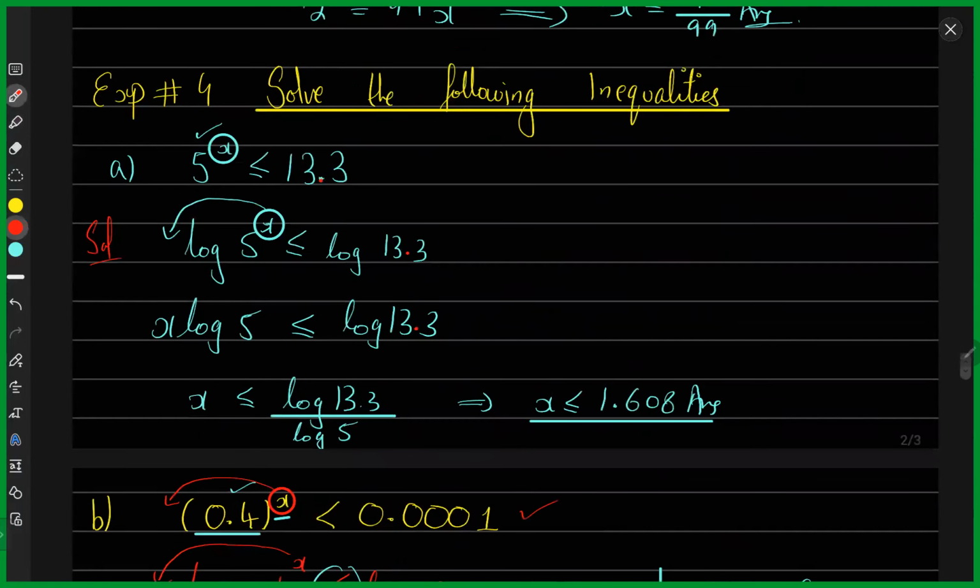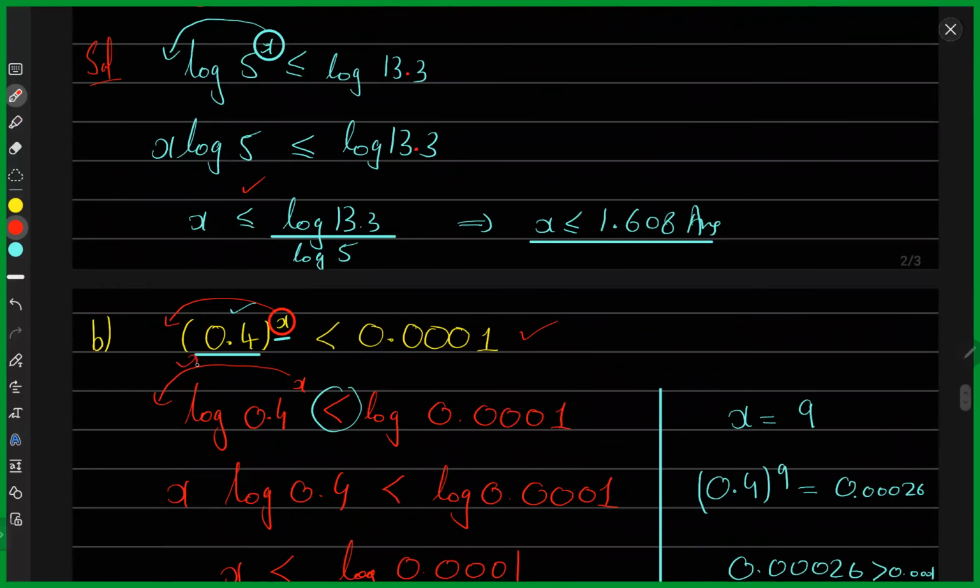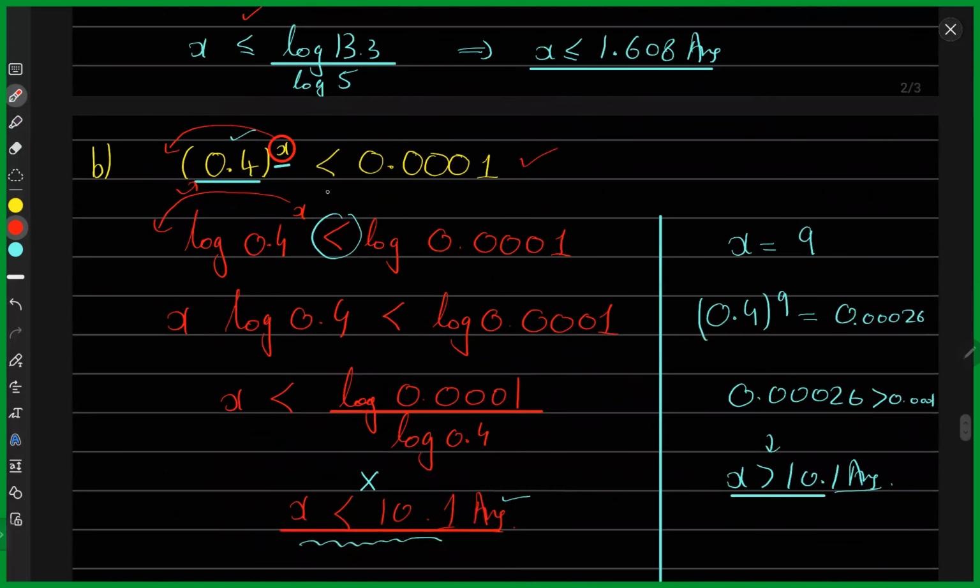Then it was an inequality. I was able to solve it and that is perfect. An important thing about inequalities was since we had a 5 here, so whenever we have a number greater than 1, this sign would remain as it is. But if we have a number that is less than 1, then the sign would be changed. This was the sign initially, and in the answer this would be the sign.